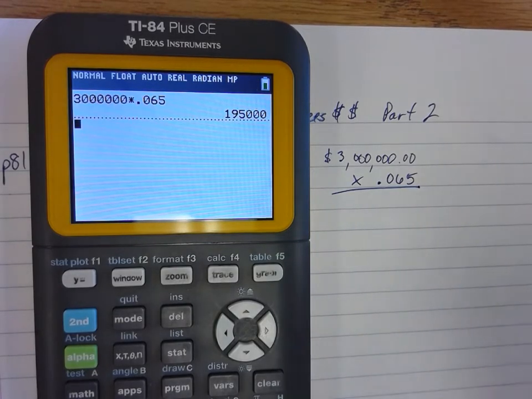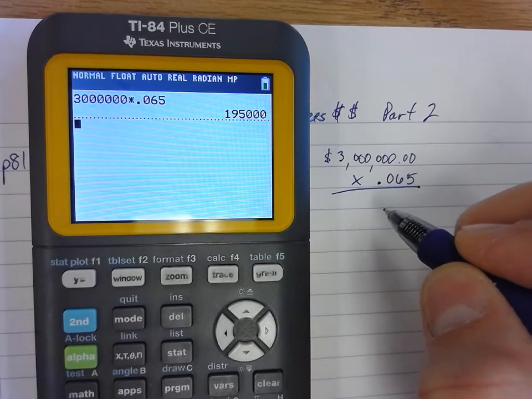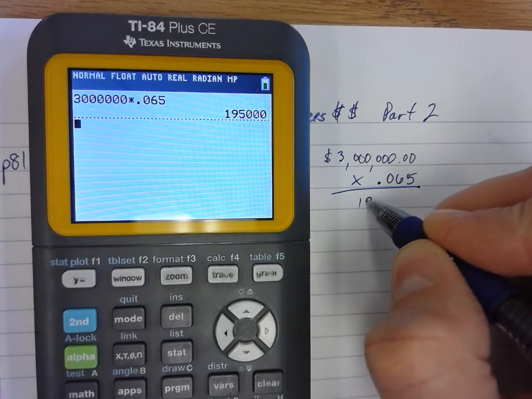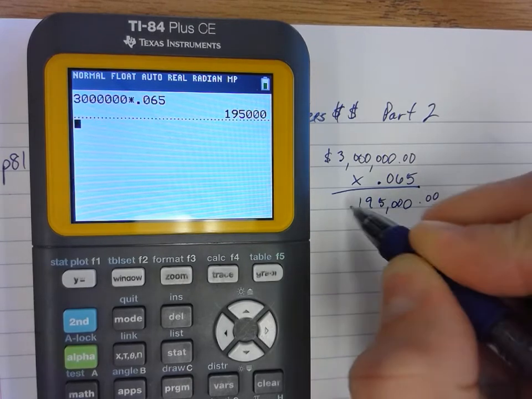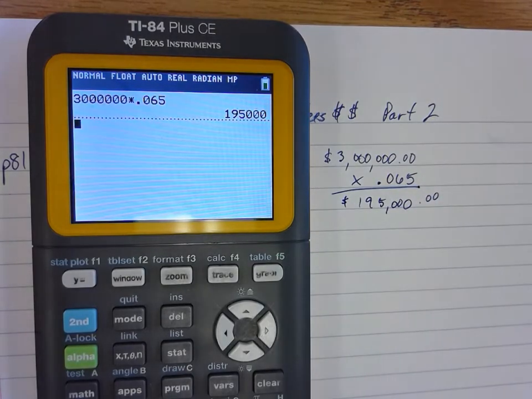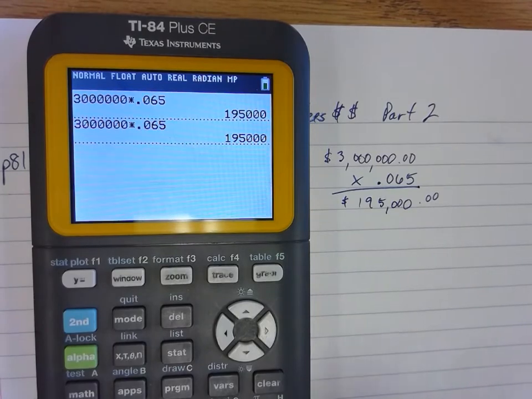Is that right? She's gonna make $195,000 off of that? Holy cow. I don't believe that's right. I'm gonna check that again. $3 million times 0.065. I'll be darned. Making $195,000 off that stuff.